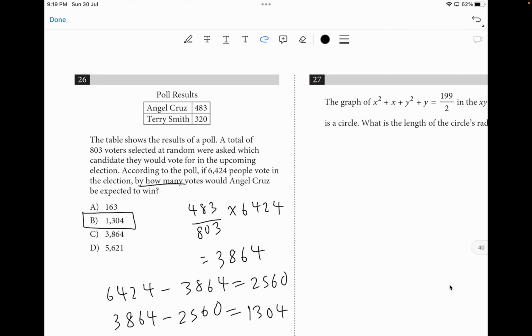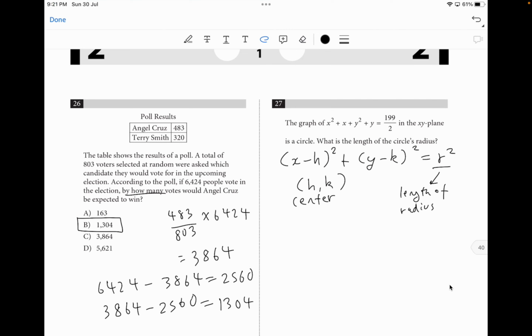Now this term (x minus h) squared in this equation can be obtained by adding the square of half the coefficient of x to both sides of the given equation in order to complete the square. Since the coefficient of x is 1, we can halve it, which gives us one half.